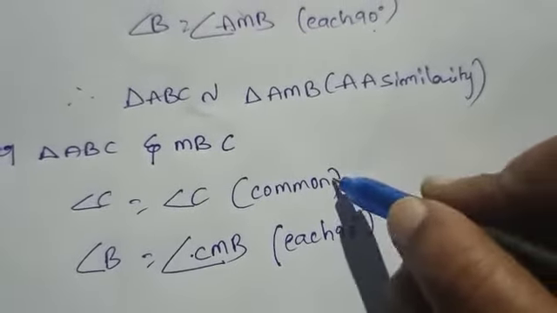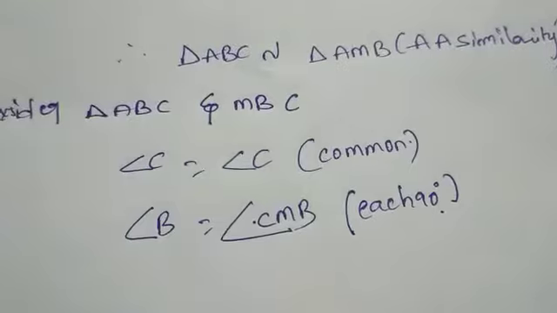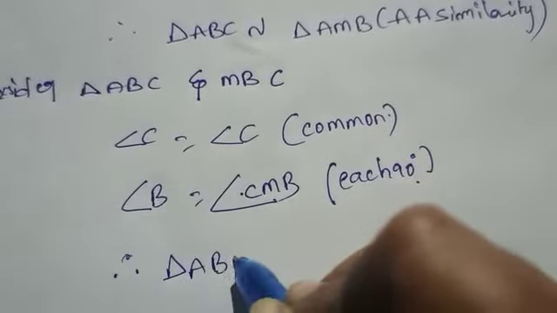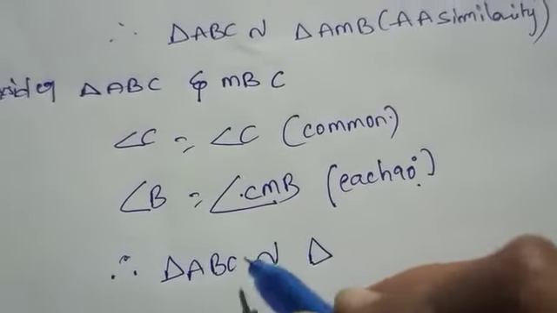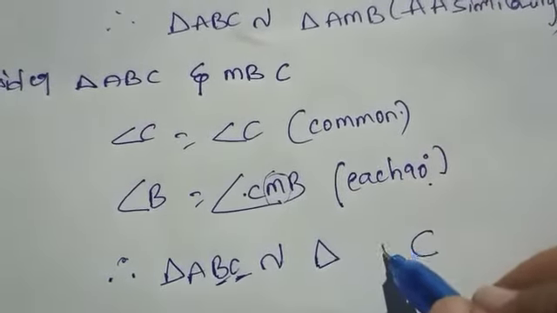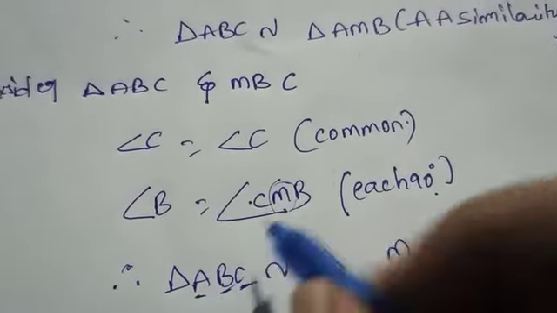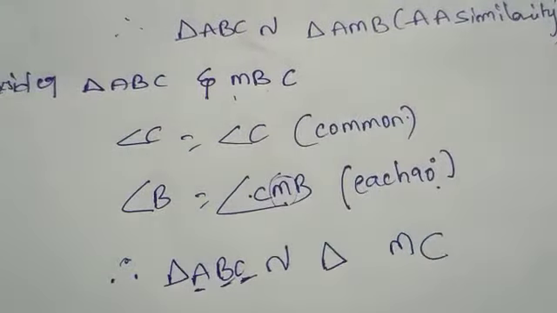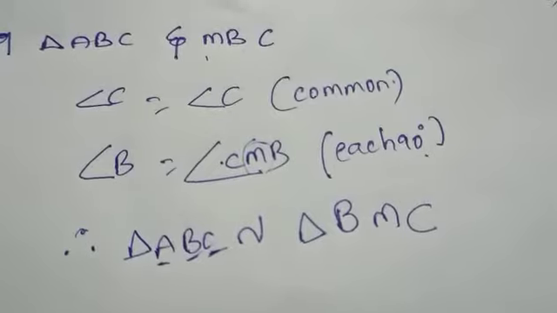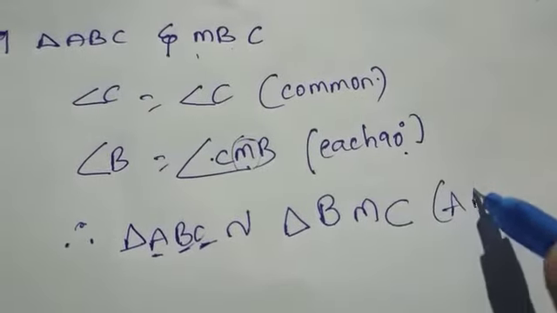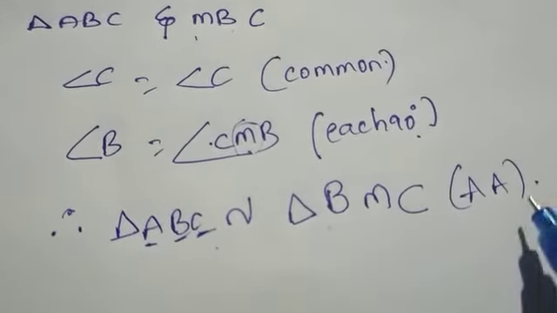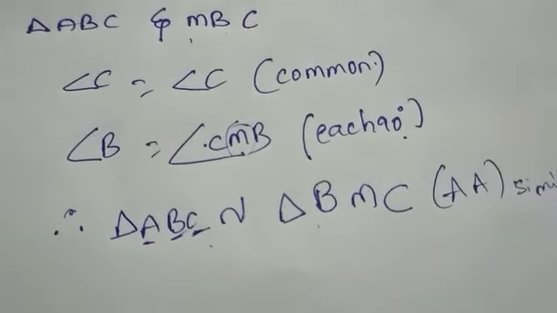Okay, here using the angle similarity criteria, triangle ABC is similar to triangle MBC, with angle C equal to angle C and angle B equal to angle M. Okay, triangle ABC is similar to triangle MBC.